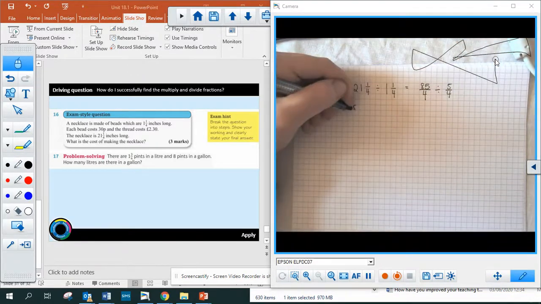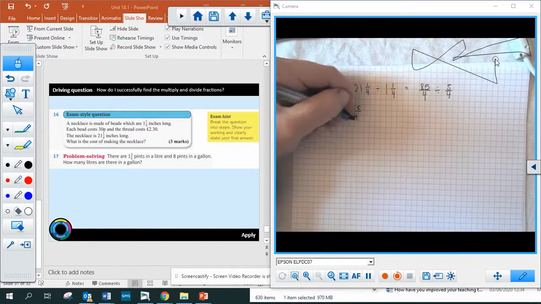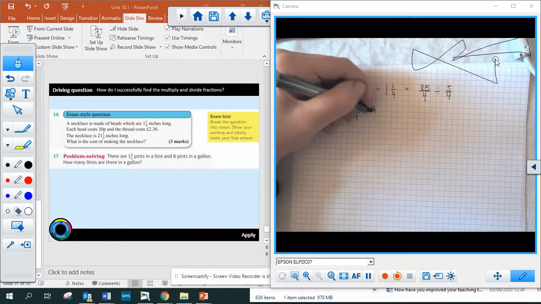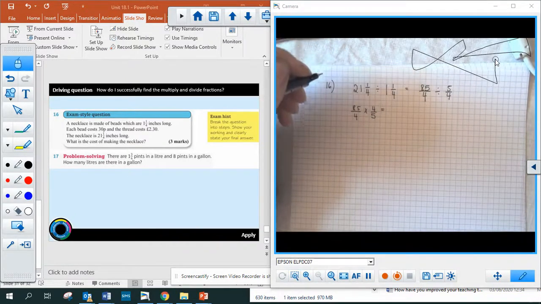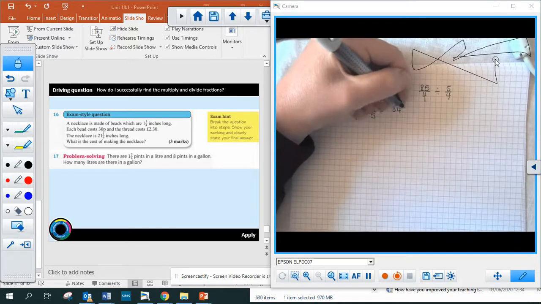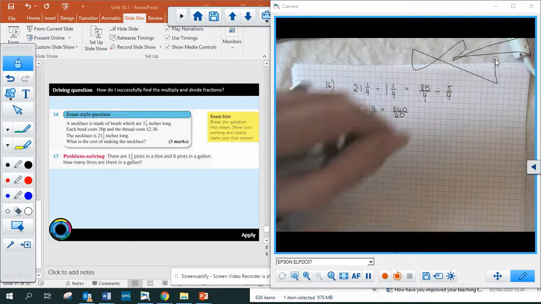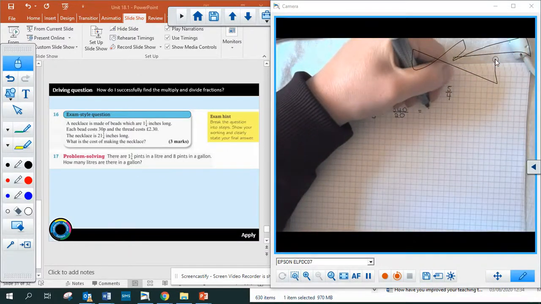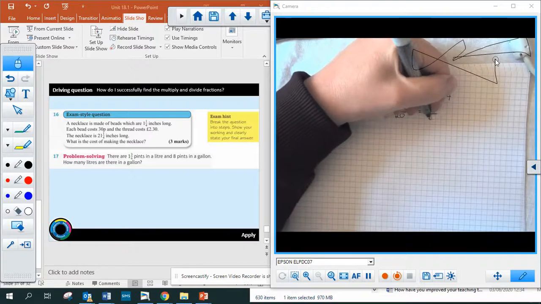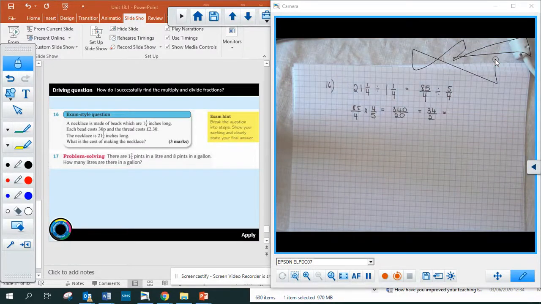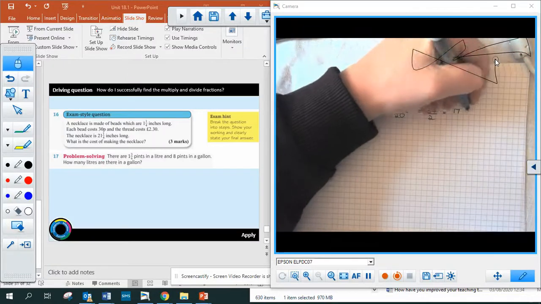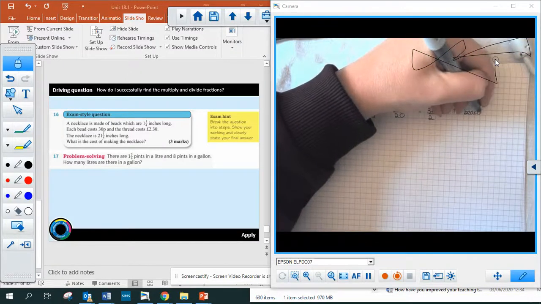Okay, keep, change, flip. 85 multiplied by 4 is 340, divided by 4 times 5, which is 20. So 340 over 20, okay? They're both divisible by 10, as you can see, so that's 34 over 2. And 34 divided by 2 is 17. So we need 17 beads.